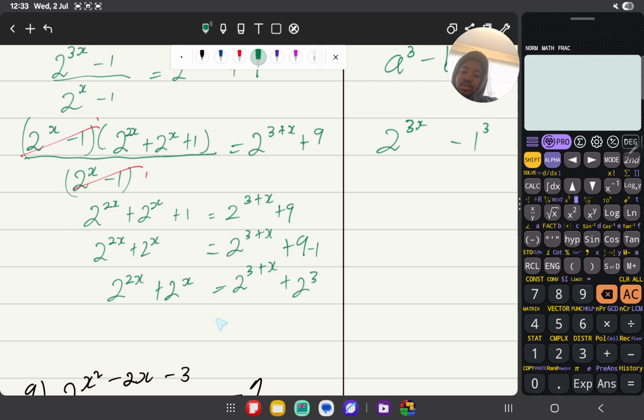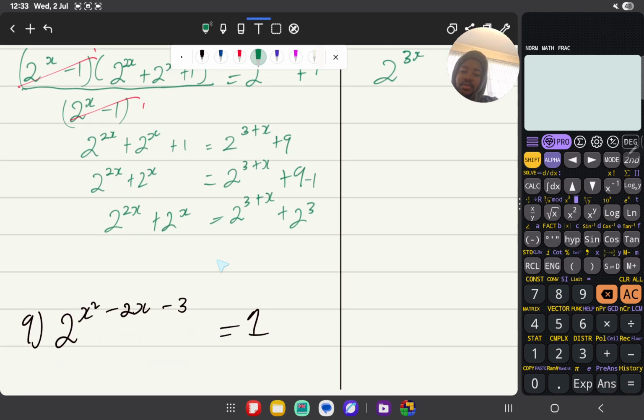Alright, cool. So 2 to the power of 3 is a common factor, the highest common factor. So you then have 2 to the power of 3, 2 to the power of x plus 1.